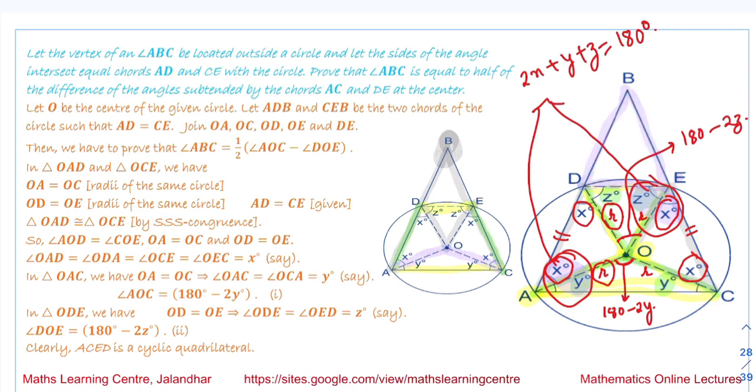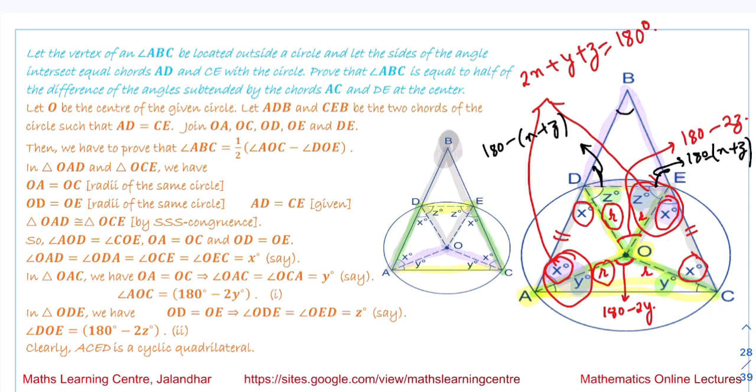In this triangle, we are having this angle at D. This is equal to 180 minus x plus z.